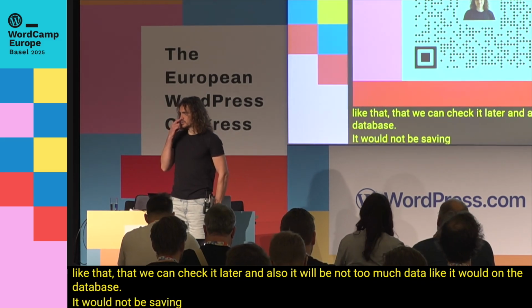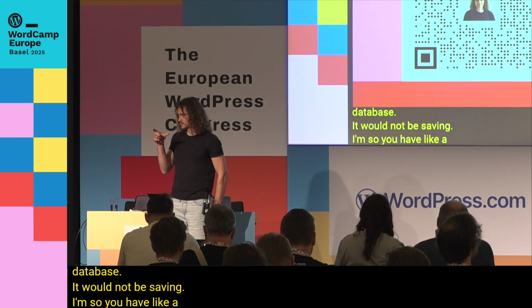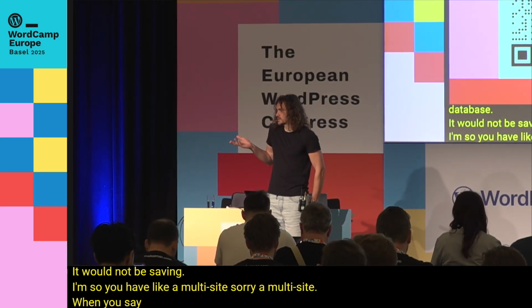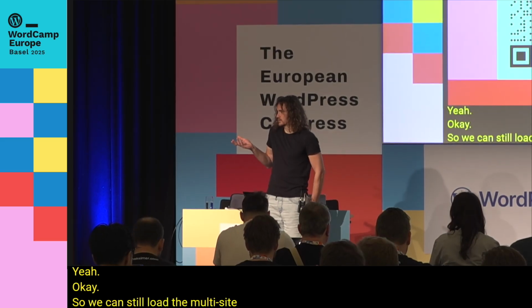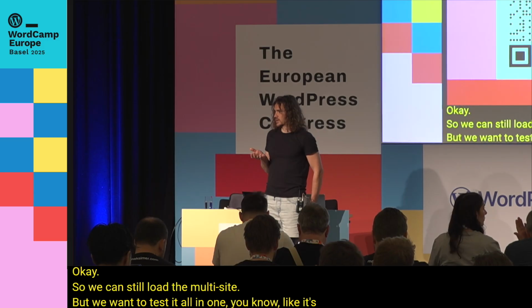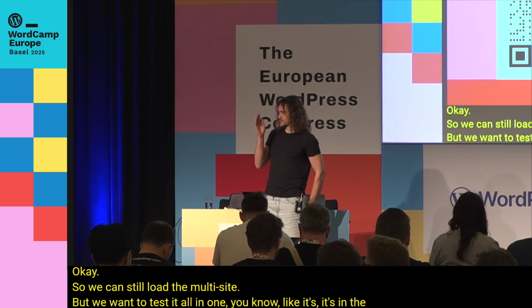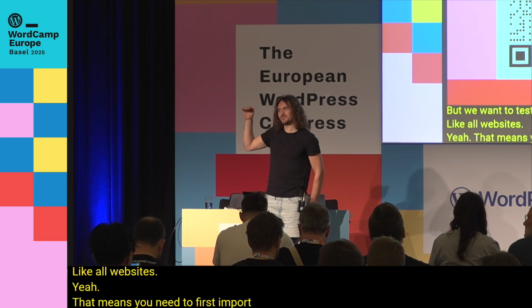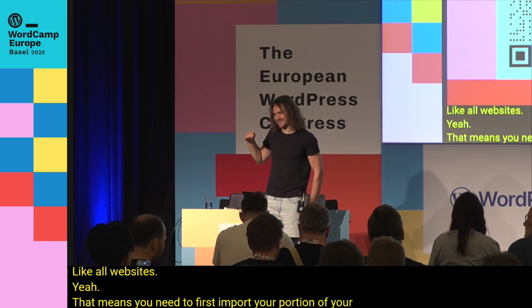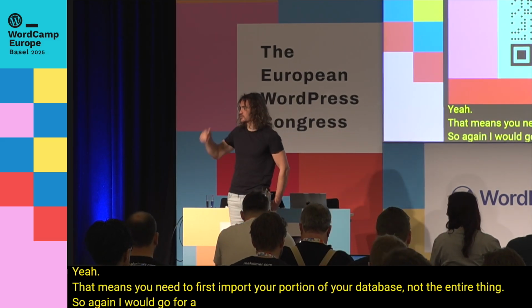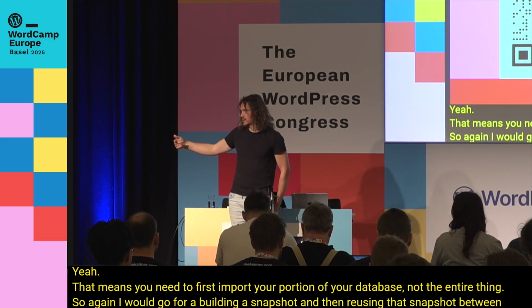I'm interested. So you have a multi-site. Okay, so we can still load the multi-site. But we want to test it all in one, like it's in the network, so it takes all subsites. Yeah. That means you need to first import probably a portion of your database, not the entire thing. So again, I would go for building a snapshot and then reusing that snapshot between tests.